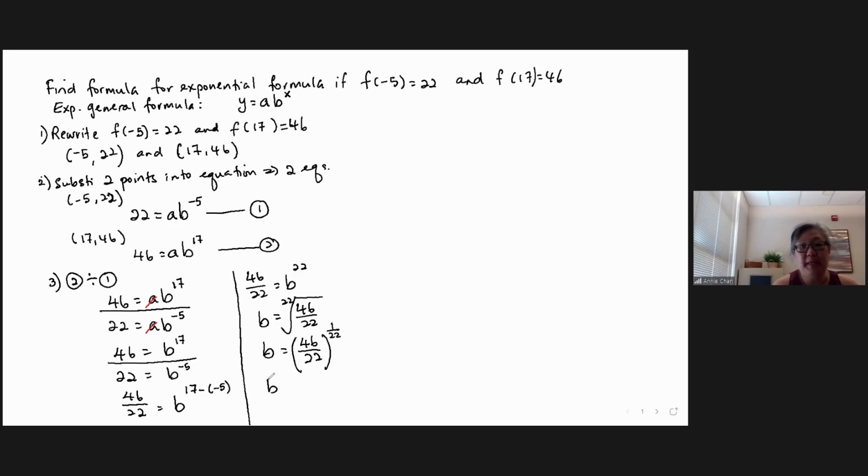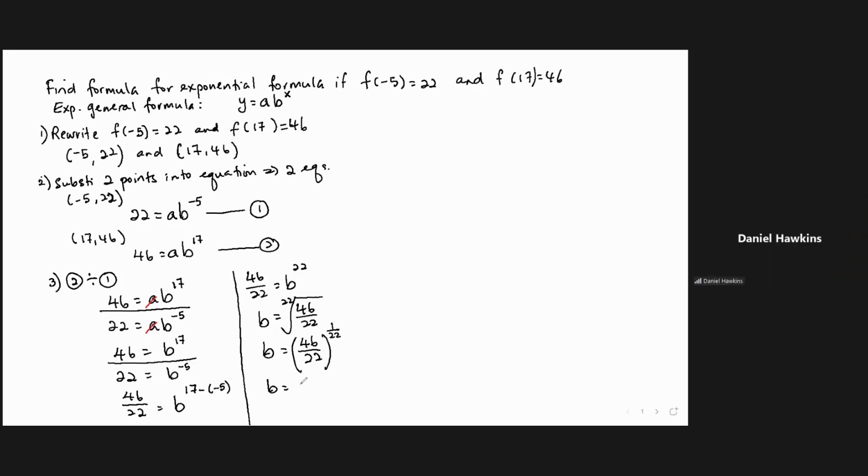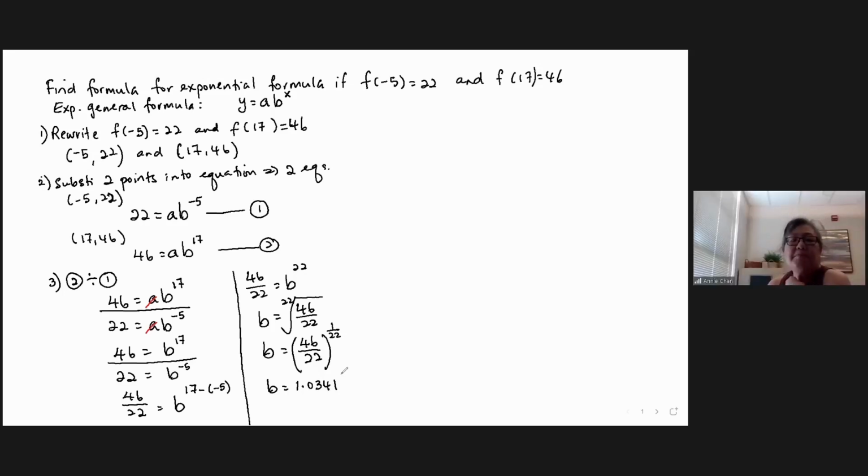Okay, what is B? What's B? 1.0341. Did everybody get that?